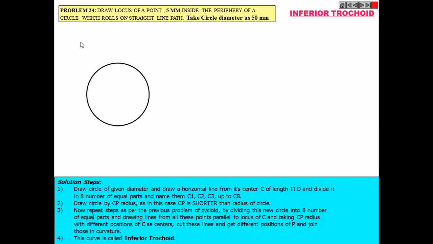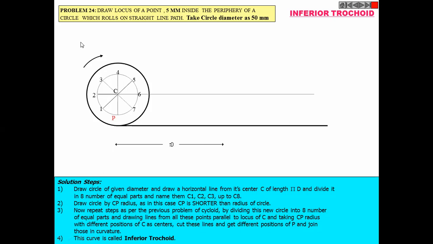Circle, the horizontal line, straight path, then direction of motion. Now this is inside because P is 5 mm inside, na? That's why we have a smaller circle. The imaginary circle is smaller and we will divide that into equal parts.